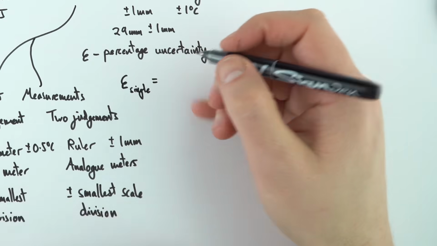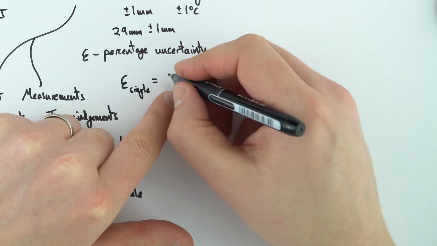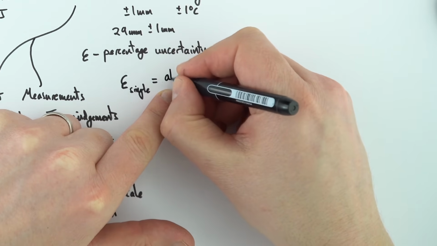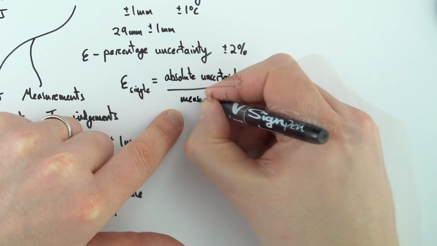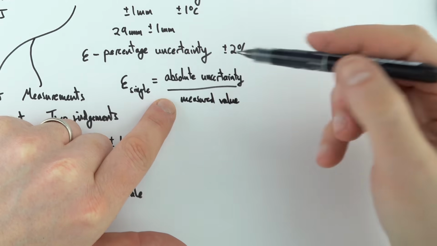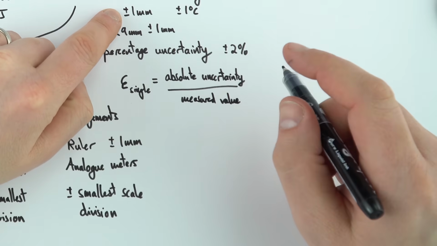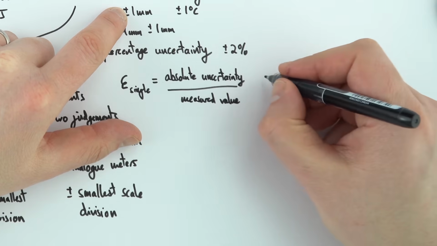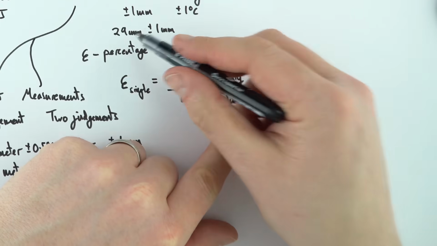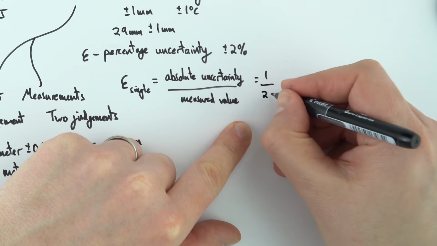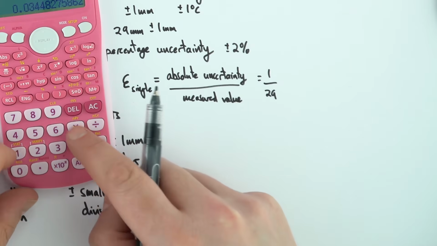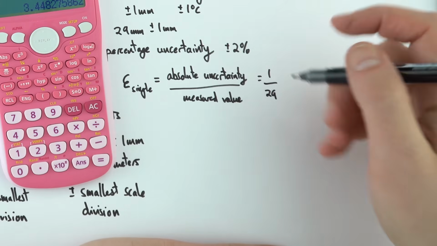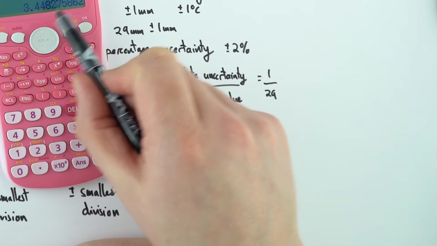Well, the way we do that is we first of all need to look at the absolute uncertainty, and we divide this by the measured value. So for the example up here, if we're looking at an absolute uncertainty of 1 millimetre, and we divide that by the measured value, which is 29 millimetres, then we do 1 divided by 29, and then don't forget to multiply by 100 to make it a percentage, and it's a value of 3.44.